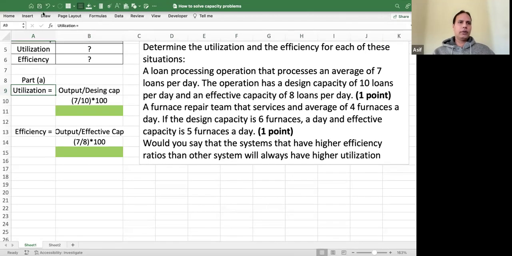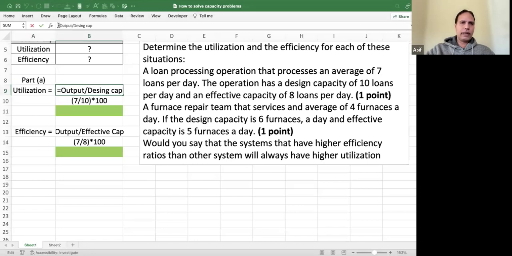Now, for example, I will show you what would happen if I enter this equal sign here. If I write the equal sign here, you see it gives me an error because it's expecting me to enter values. But that's not my objective. My objective here is only to show the formula. So therefore, I enter this equal sign after utilization.